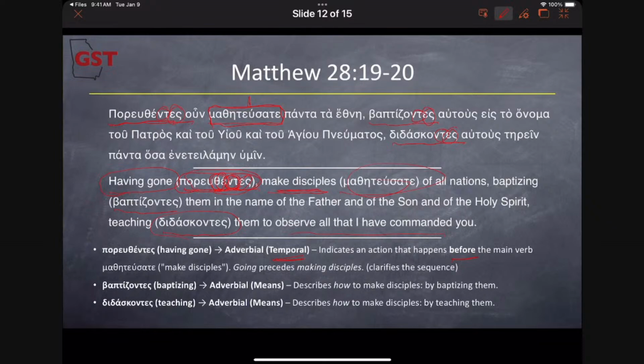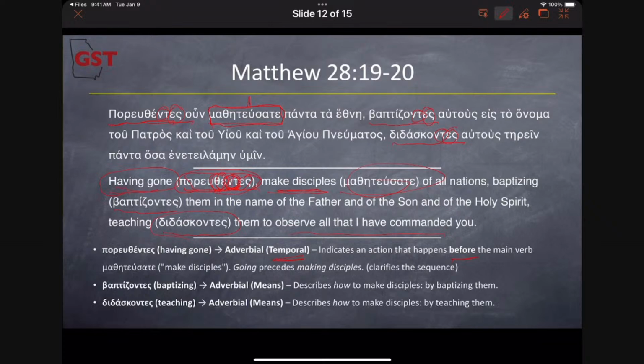Passive. Yes, passive is correct. What tense? Don't worry about second or first. What's the tense? Aorist. Yes, exactly. Aorist passive. And we're going to translate it with an active voice. And that's why we're using the nu tau.